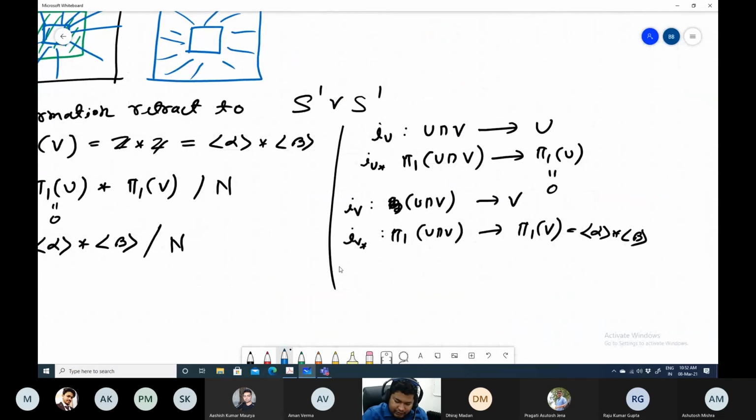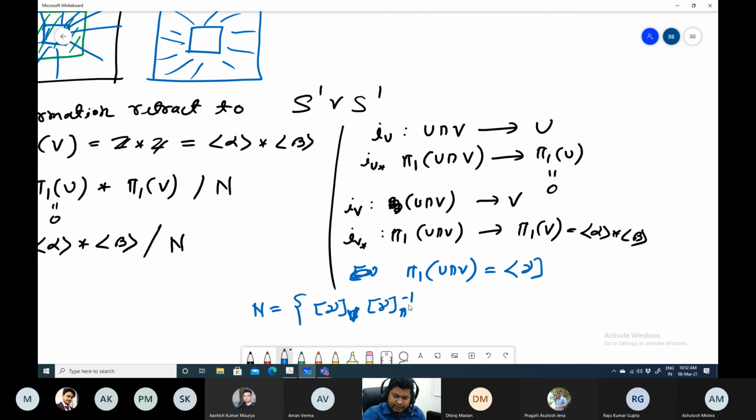So therefore, what is your W then? Sorry. Now here we have taken pi 1 of U intersection V, that is generated by gamma. Then N will be generated by gamma V, gamma U inverse, generated by this one.